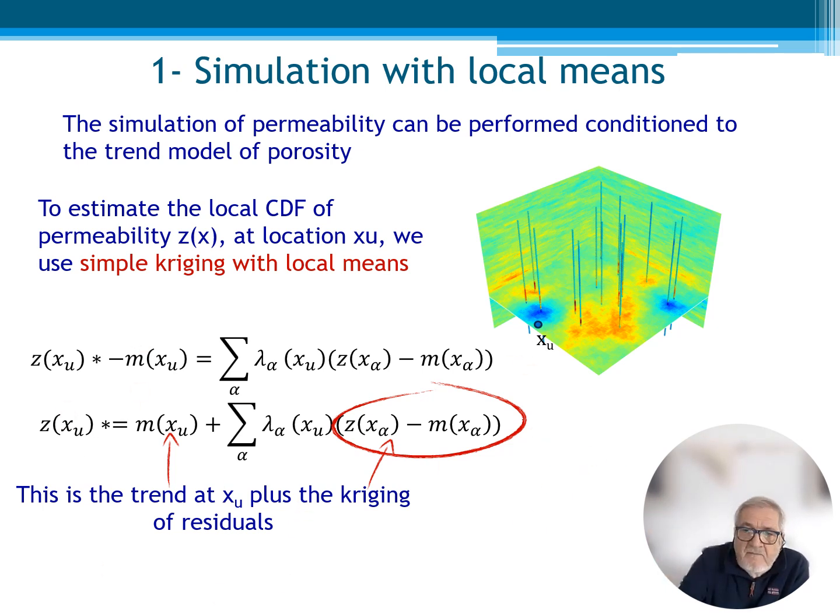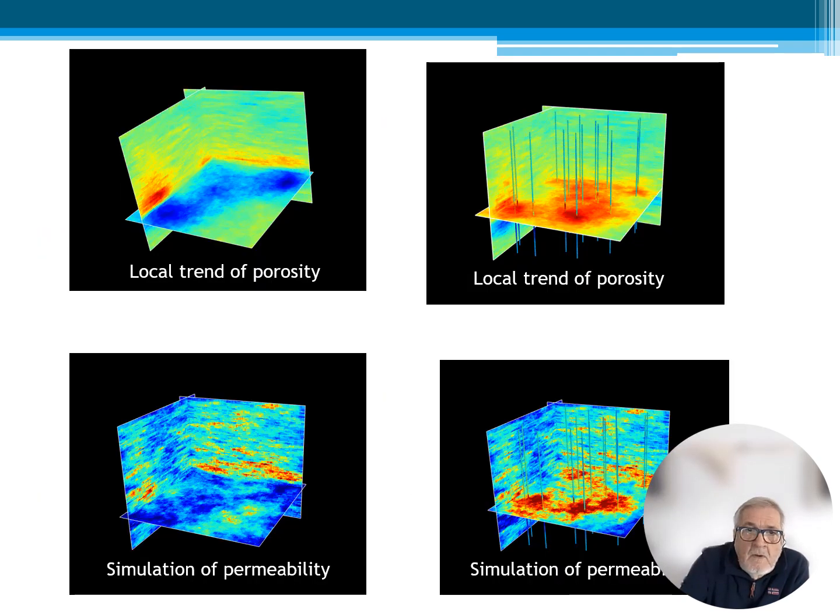This is a quite simple model. These are examples. For example, these are two different Z views of the local trend of porosity, and look here, another view, and the corresponding one here is one realization using this local trend of porosity.